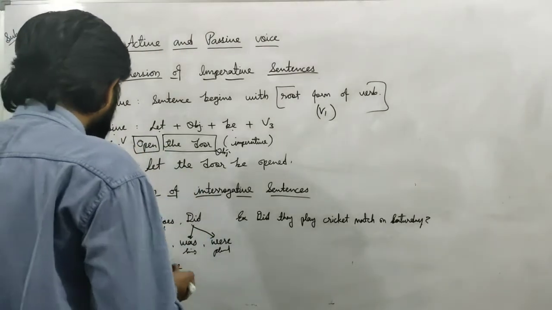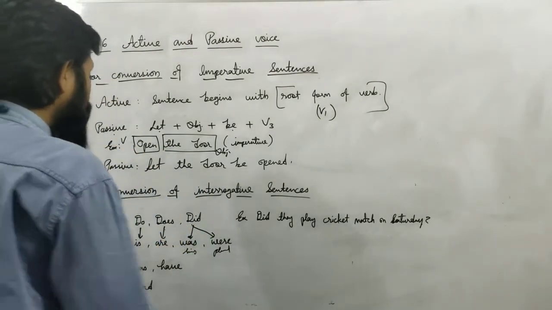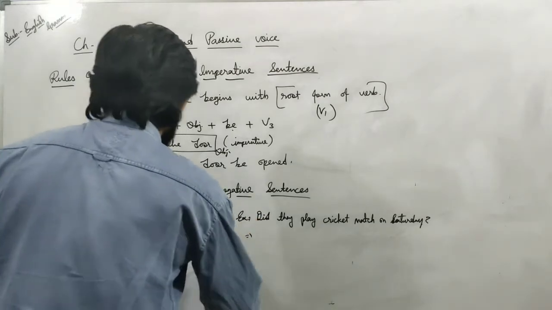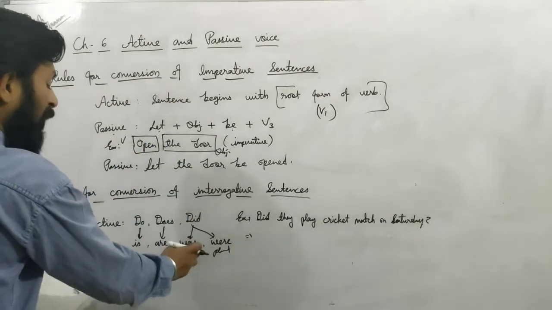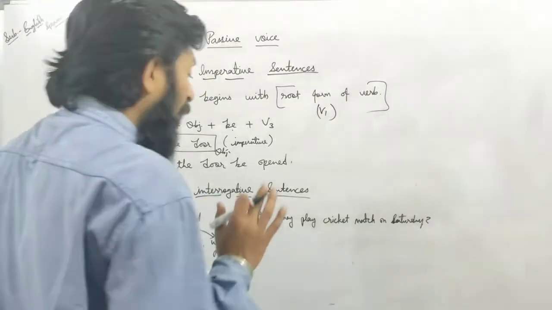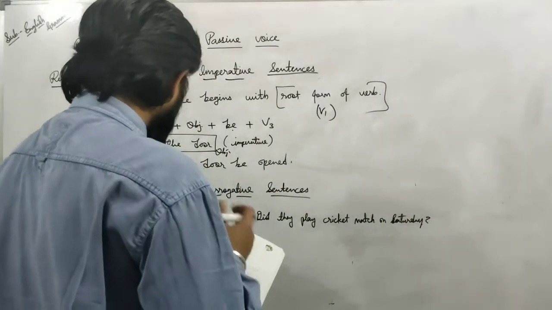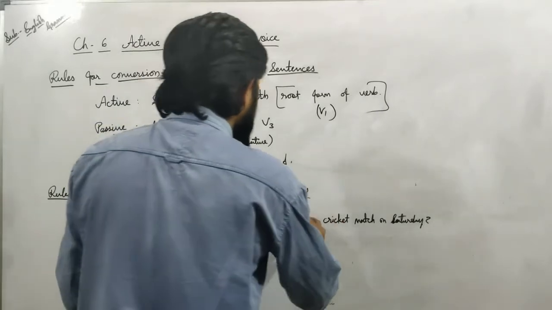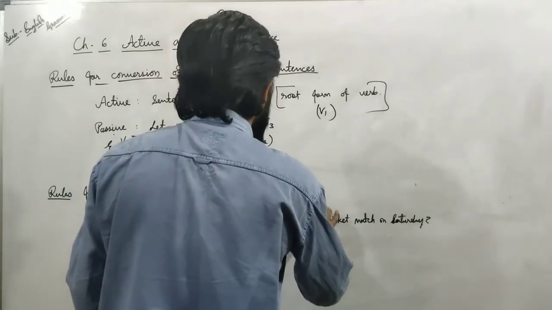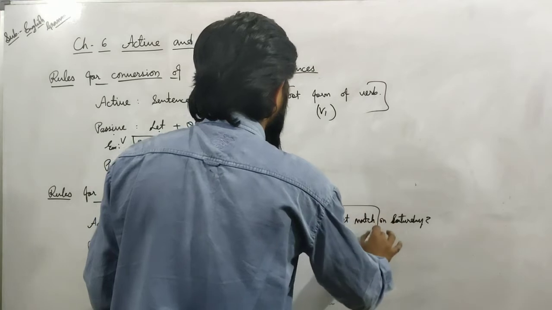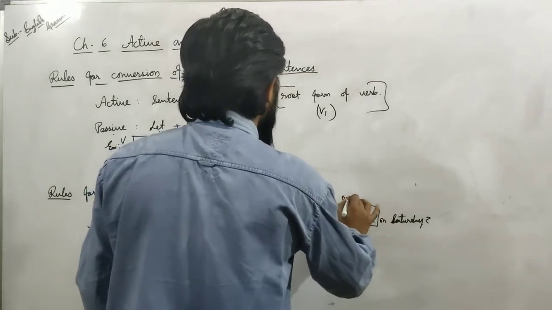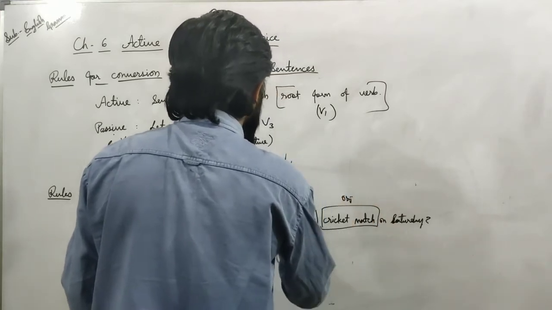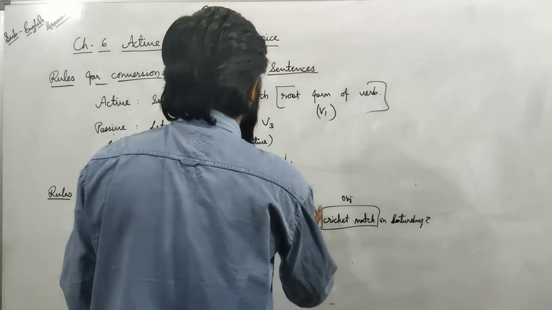Whenever we construct that sentence into passive voice, we have to follow the formula. If did is here, then we have to write was or were. Now we have to identify the parts: play is the verb, cricket match is the object, and they is the subject.